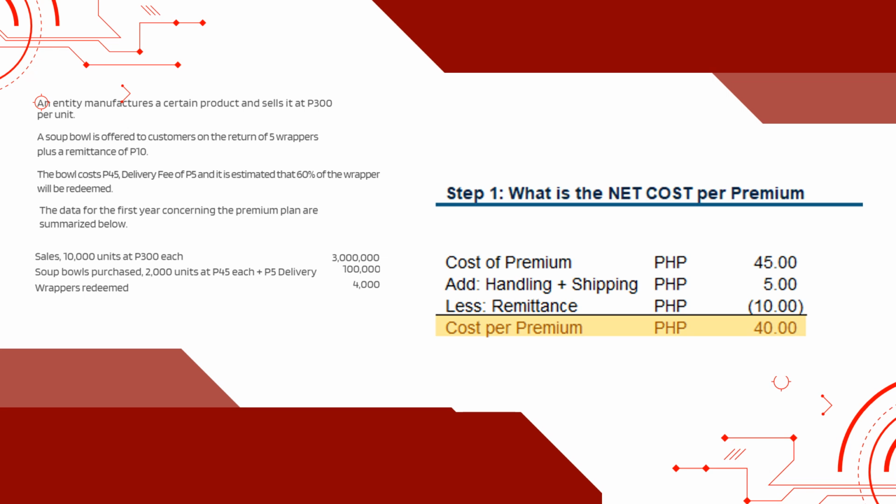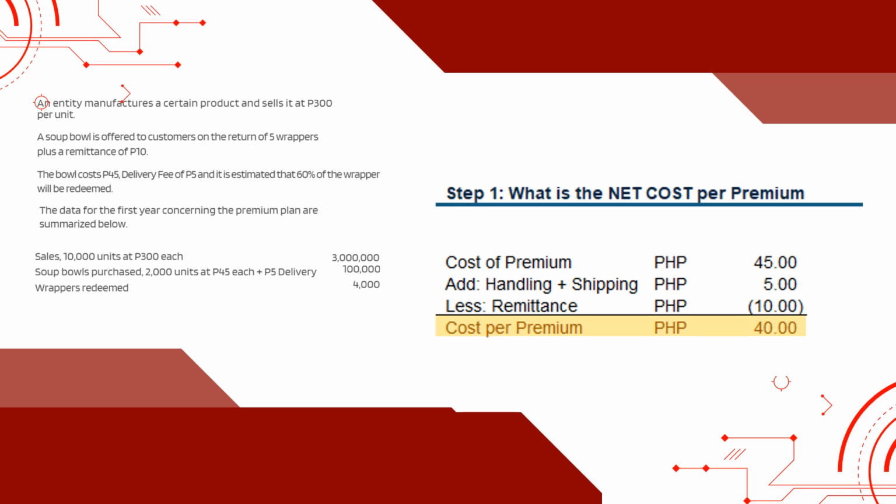So, in one soup bowl, what we spent is the 45 pesos, the actual cost of the bowl, the 5 pesos delivery fee per bowl, and then we subtract the remittance. So, every bowl we encounter has a net cost of 40 pesos.